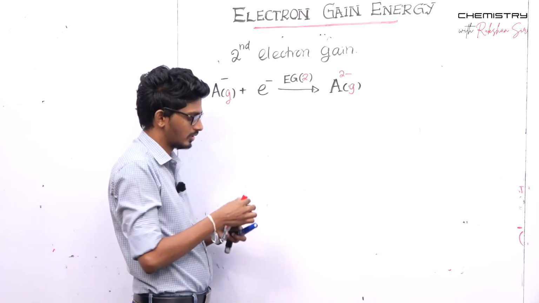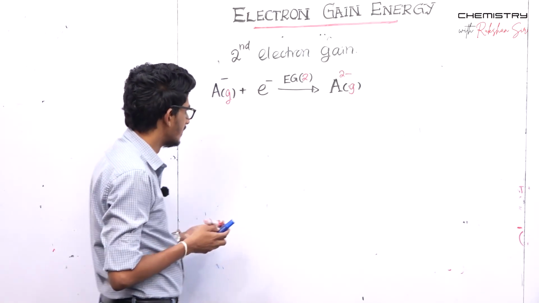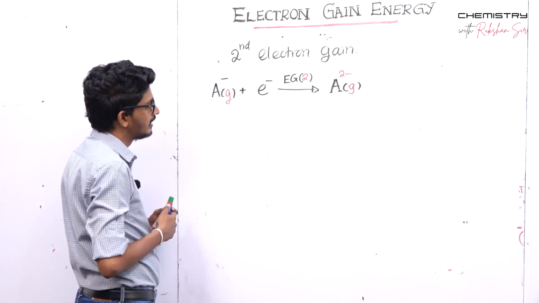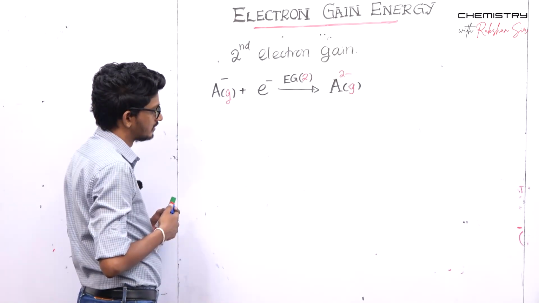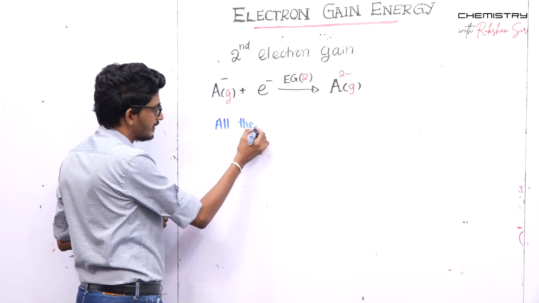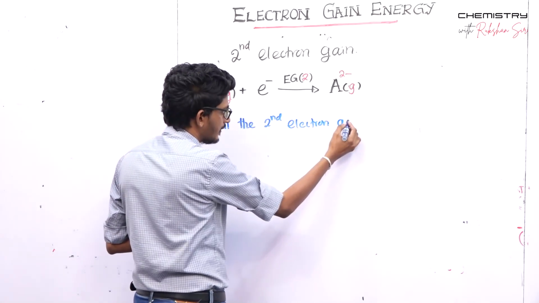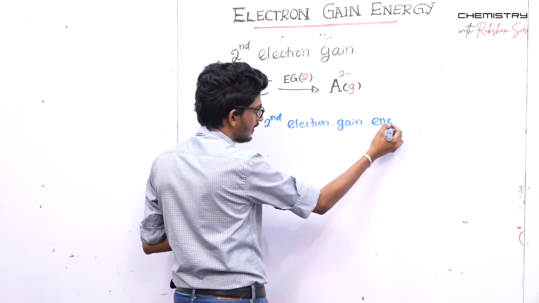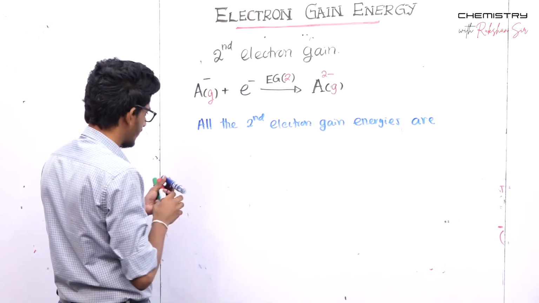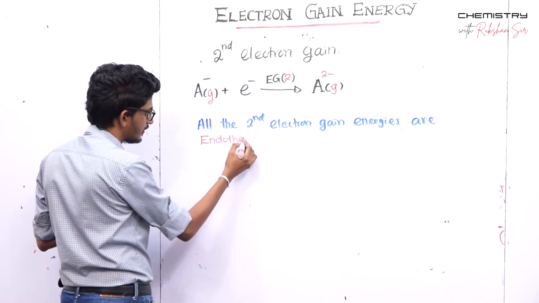So this is the second electron gain. When it comes to second electron gains, it is observed that all the second electron gain energy changes are endothermic.